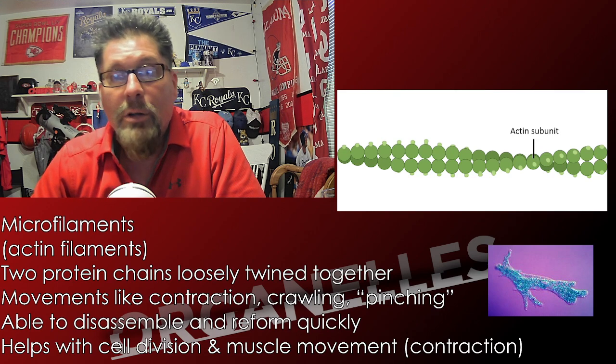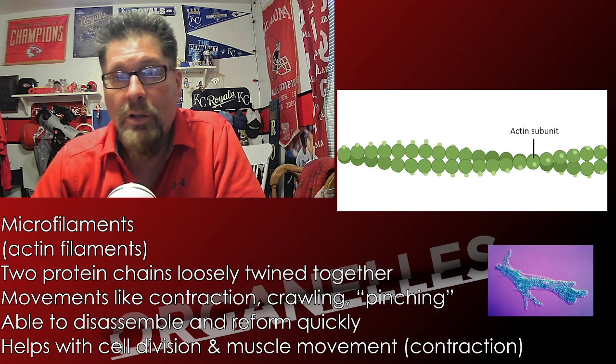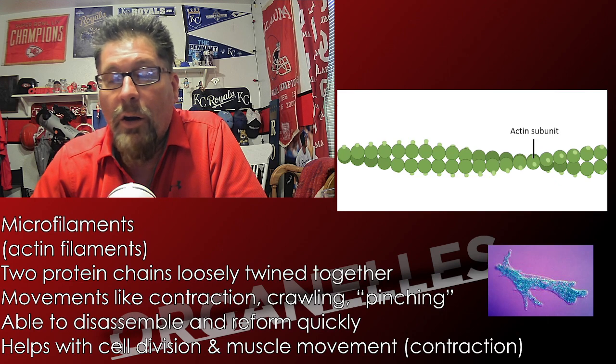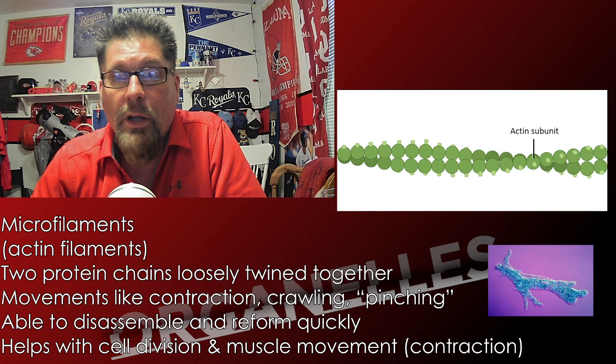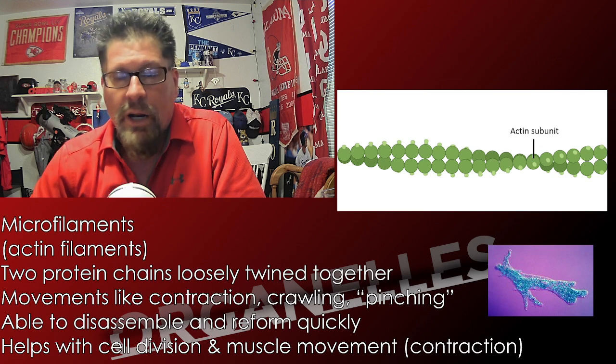These subunits go around the cell, so when it comes time for cell division, you can't keep that circle intact. They are able to break down and then reform quickly in the new cell as it happens.